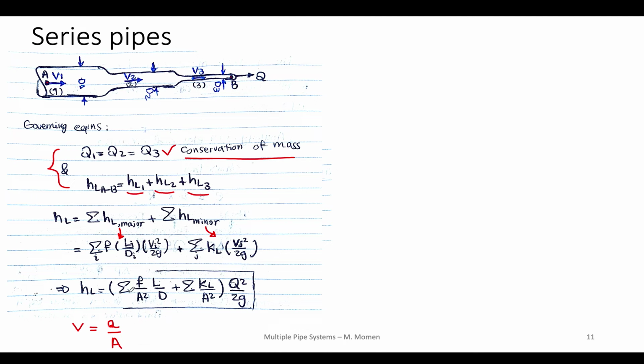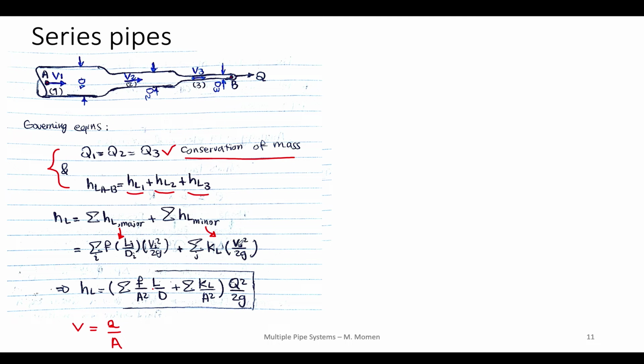Q over A. So I can just substitute Q over A instead of V. And then because Q is the same for all the different pipes, I can factor that out and come up with this Q squared over 2g, which is out here. And then we are only left with f over A squared times L over D plus the sum of K_L over A squared.